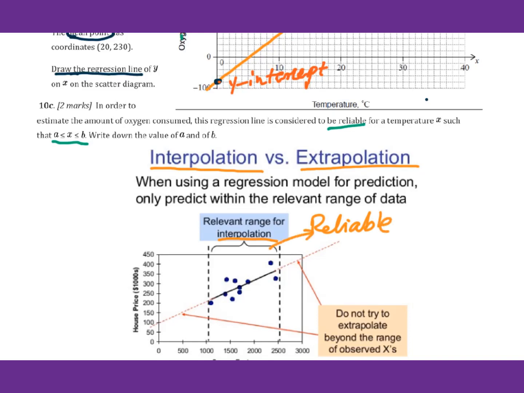But for extrapolation, that means beyond the domain, like from here to here or from here to here. It's beyond the range. When you do the estimation or prediction for this area, it's not accurate.